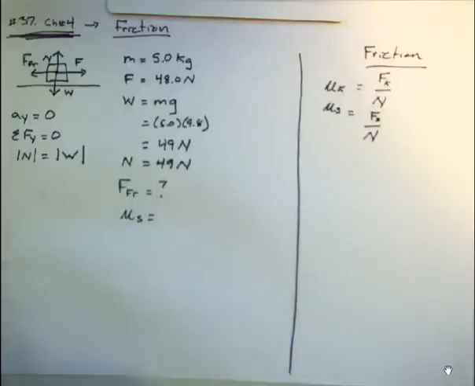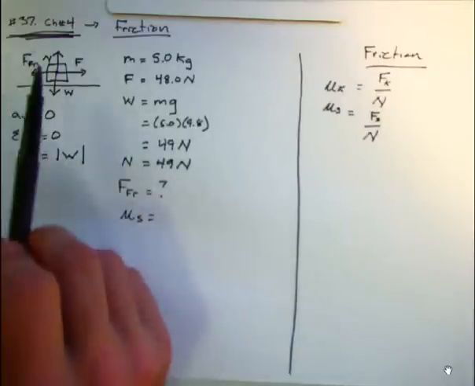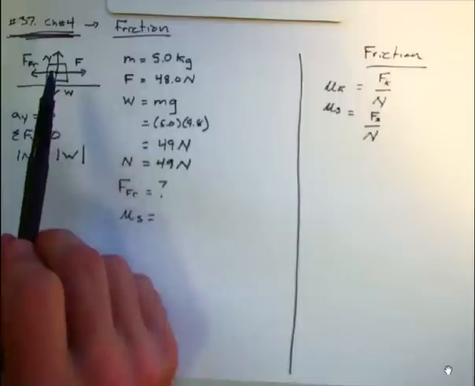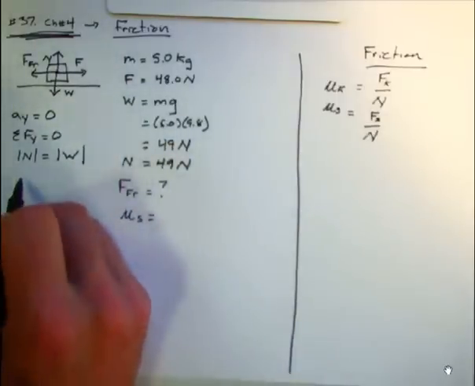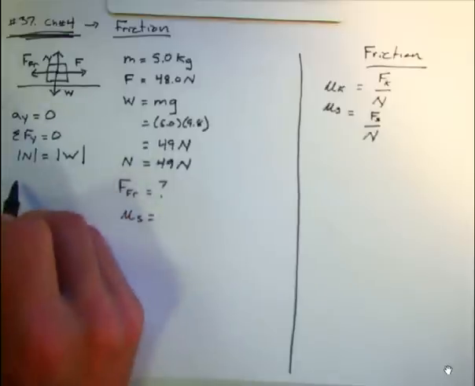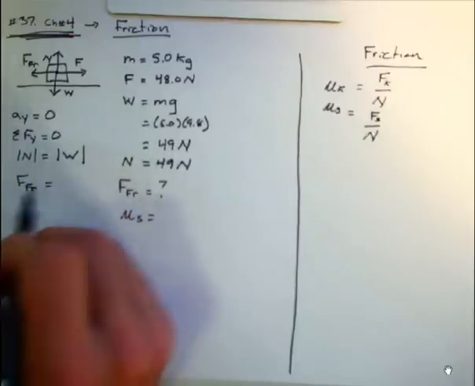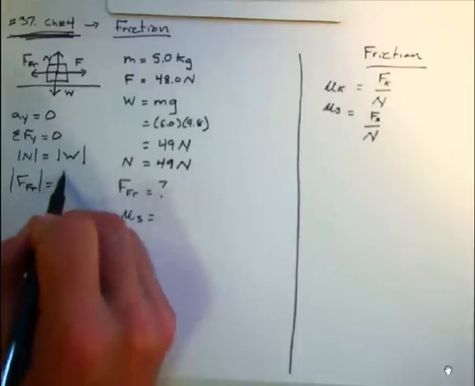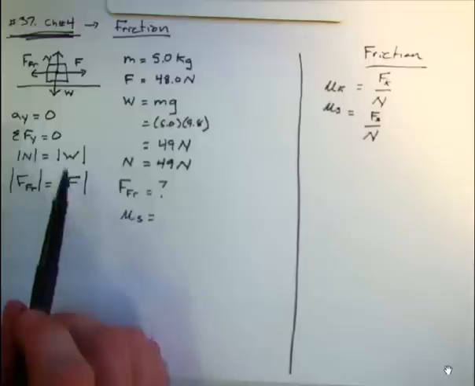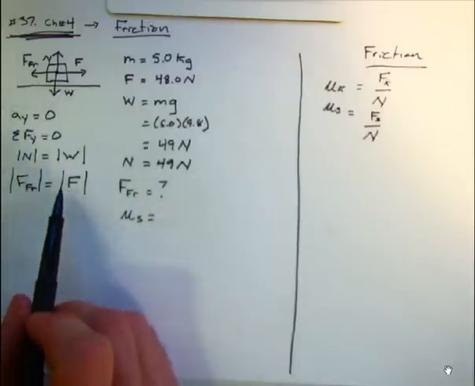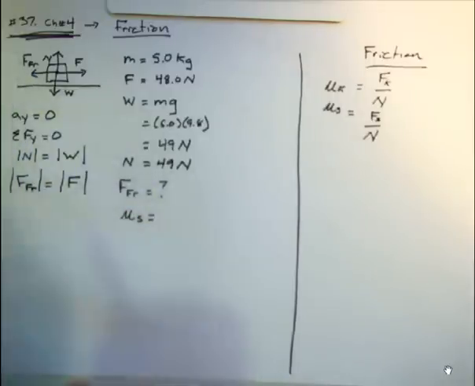Since the box just starts to move when you apply a force of 48 newtons, we're assuming the force of static friction in magnitude is just equal to the applied force. When that force gets just equal to, or maybe just a hair bigger than the friction force, that's when movement starts to happen.